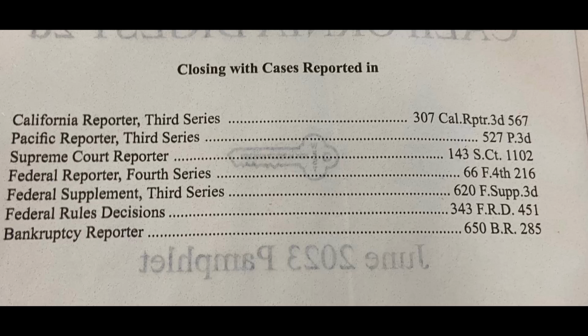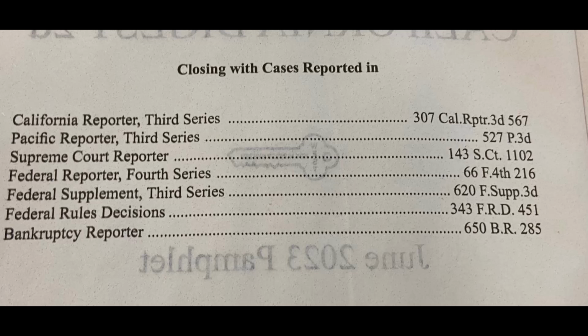So what is this table telling you? It's telling you, for example, that the digest has covered through volume 307 of the California Reporter 3rd in the printed main volumes, pocket parts, and supplements.